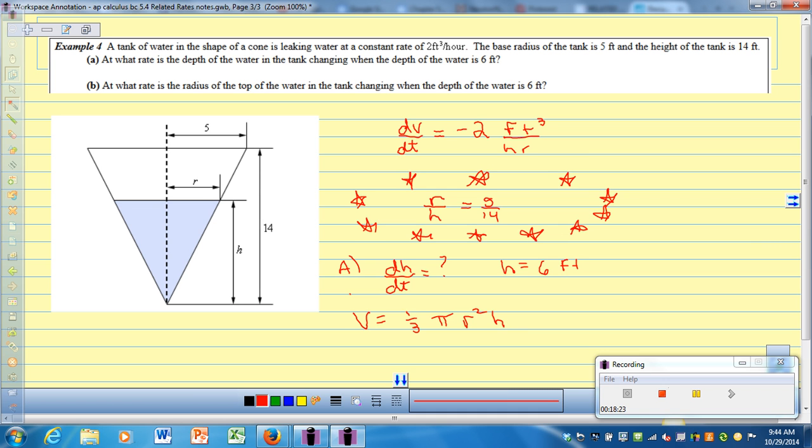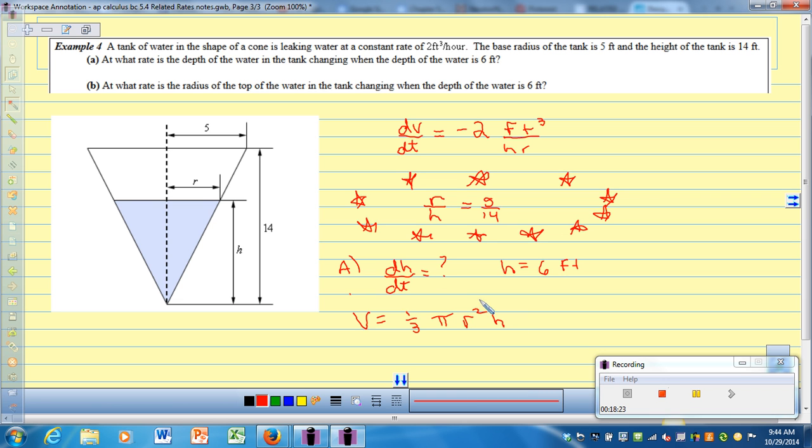So if I were to take the derivative of this equation right now, tell me what I would need to do. Sure, leave that out in front. Then what? Product rule. I would use product rule, and I would get a dr/dt, and I would get a dh/dt. Yes? You can do it that way. I find it more error prone.